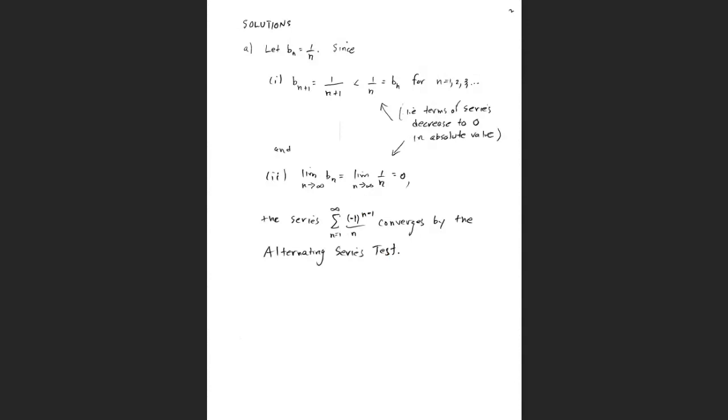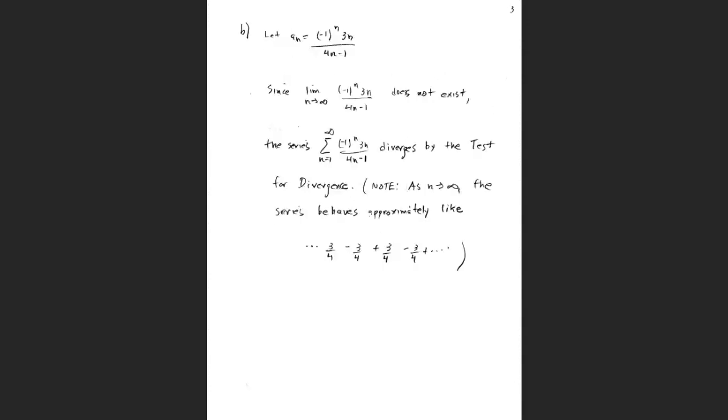Let me be a little more formal here. Here's the solution. What we're really using is the test for divergence, which you saw back in section 8.2. The limit of this series just does not exist.